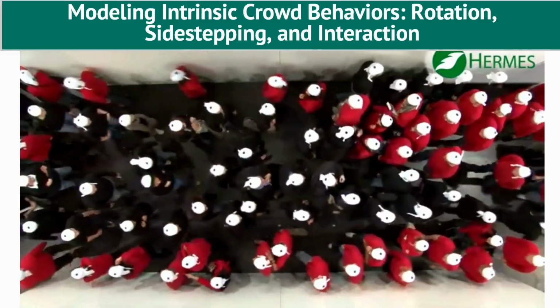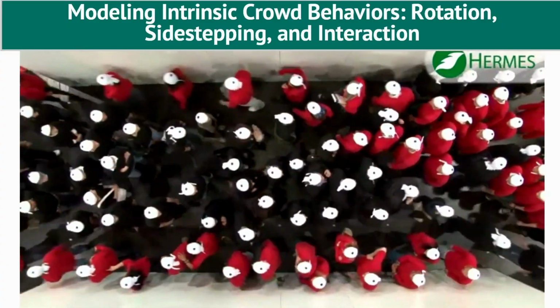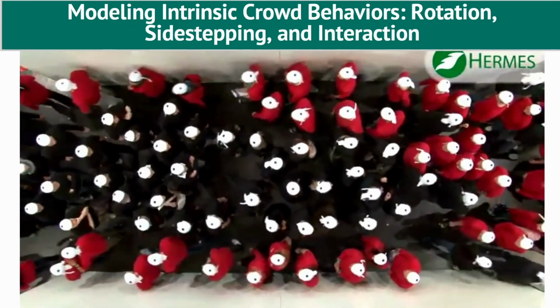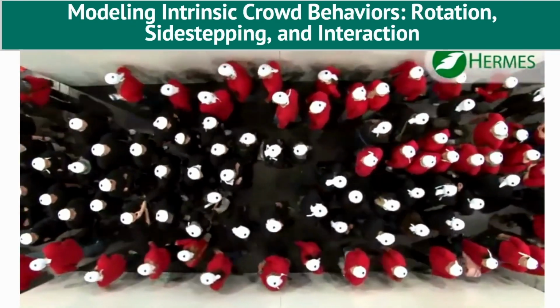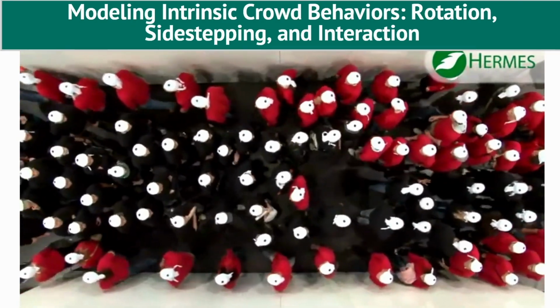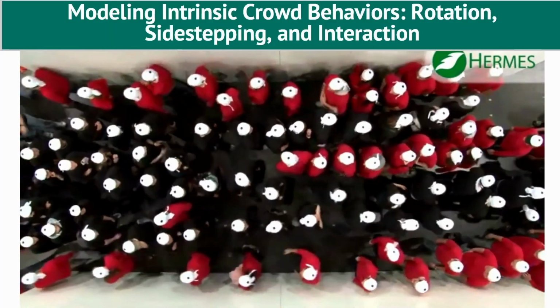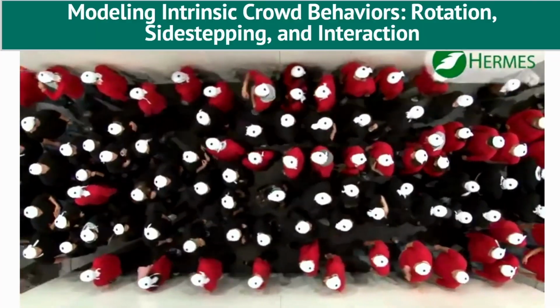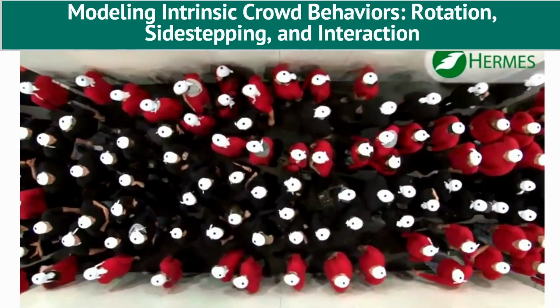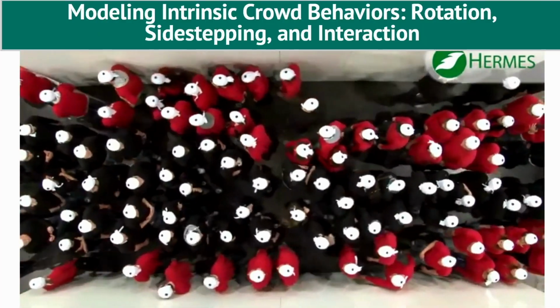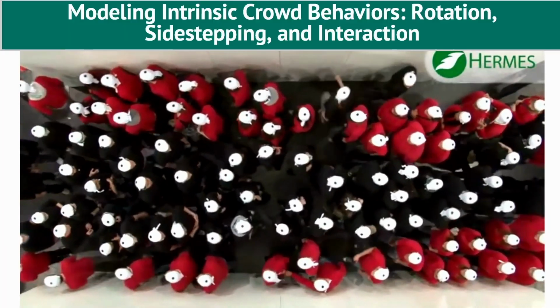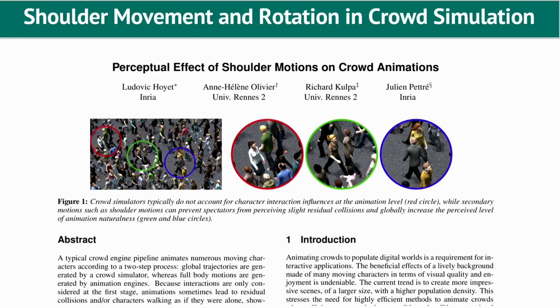But my main focus today is a subdomain of multi-agent dynamics, which is modeling intrinsic crowd behaviors. For example, rotation, sidestepping, and interaction, which are usually seen in pedestrian dynamics in normal walking or in any other common places.